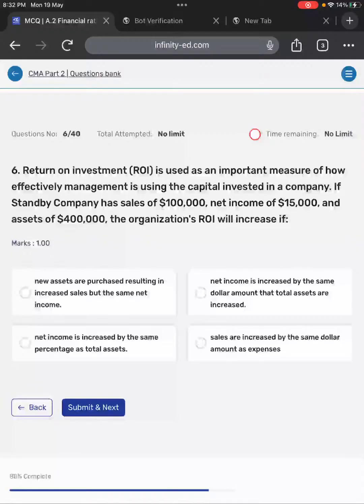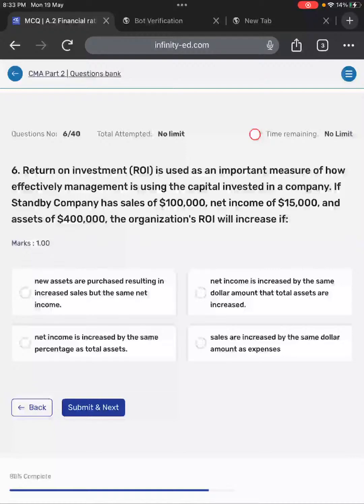If the company has sales of 100,000, net income of 15,000 and assets of 400,000, the organization's return on investment will increase if net assets are purchased resulting in increased sales but the same net income.